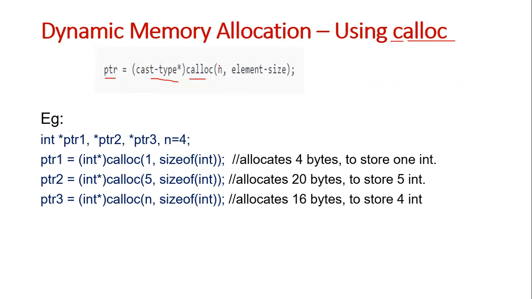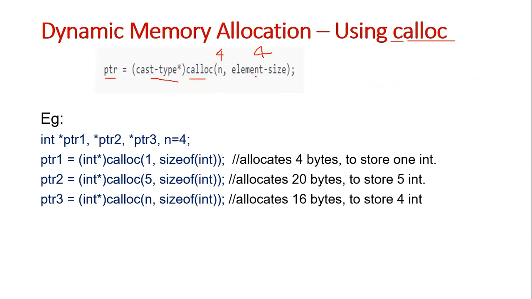Here n represents how many locations you want to allocate. Say if n is 4 and this is also 4, then it will allocate 4 into 4, 16 bytes of memory.